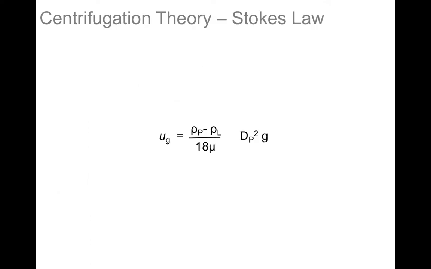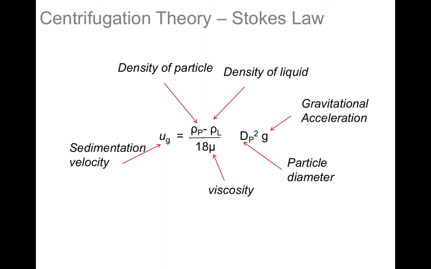In either event, centrifugation occurs through sedimentation, and that can be tracked by looking at Stokes' law. So the sedimentation velocity, UG, is a function of the density of the particle that you're trying to separate, which in this case would be cells, the density of the liquid that you're separating the cells from, the viscosity of the liquid, the particle diameter, and the acceleration.